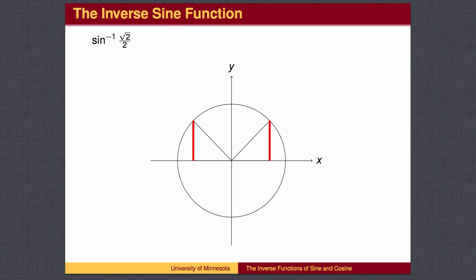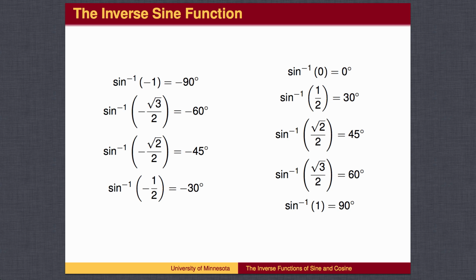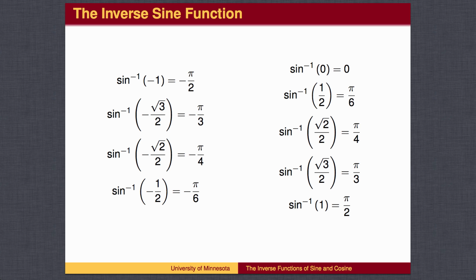For the inverse sine, we have to choose between the right half of the circle or the left half. We will choose the right half, so that the output of the inverse sine function is always between -90 degrees and 90 degrees. Here are the common values with which you should be familiar. Of course, we could also give the answers in radians rather than degrees.